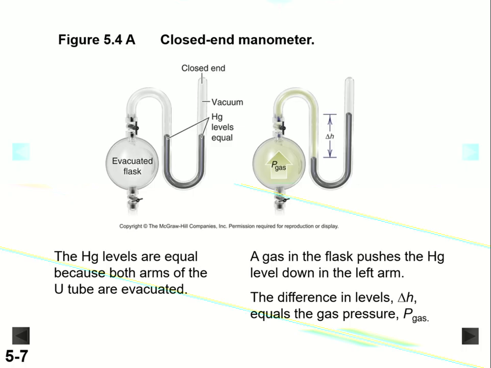So you start with zero pressure, you release your hydrogen gas, and if you produce, for example, 10 torr of gas, or 10 millimeters of mercury, then you would see a displacement of 10 millimeters on your closed-end manometer. So that delta H value for the closed-end system tells you the absolute pressure inside your evacuated flask.